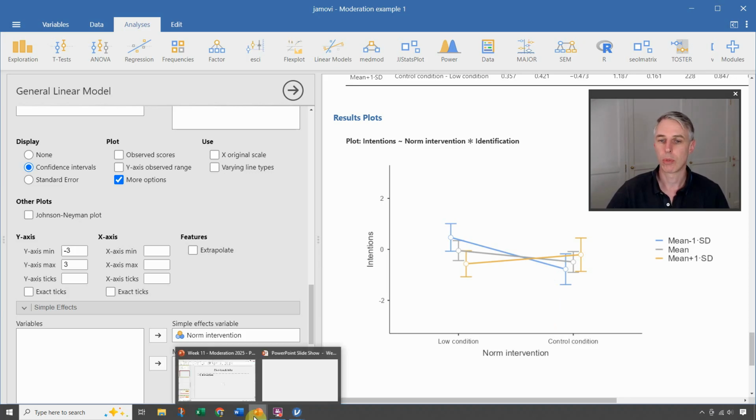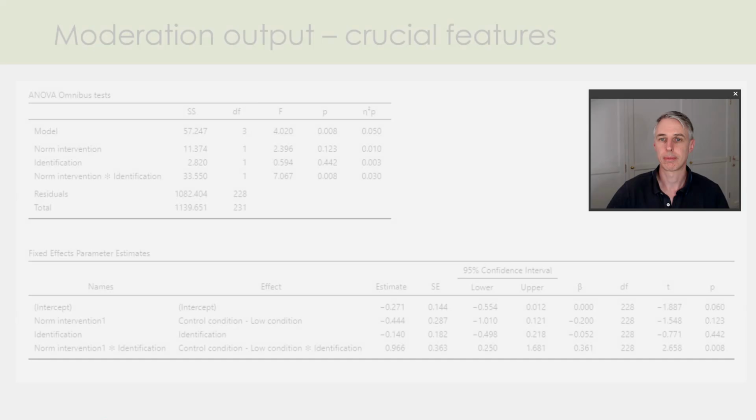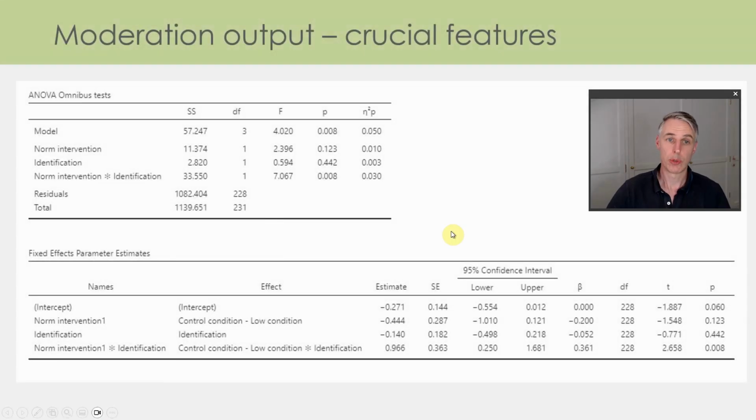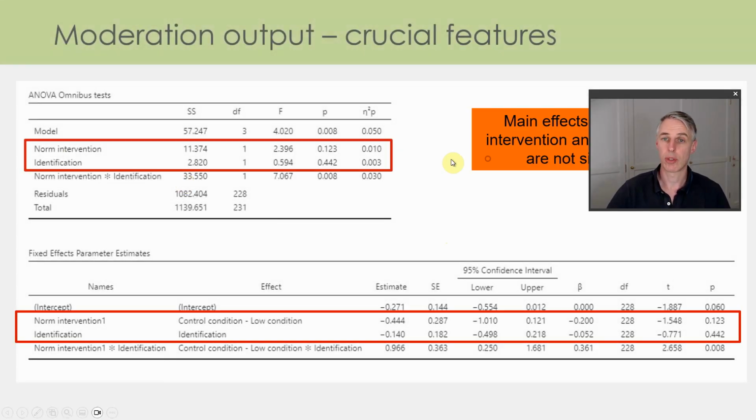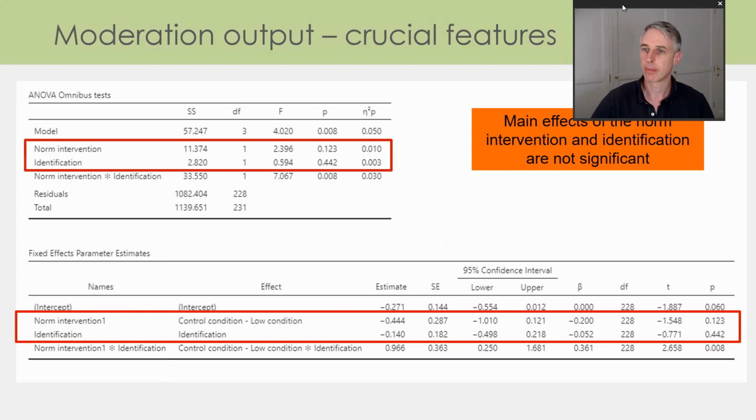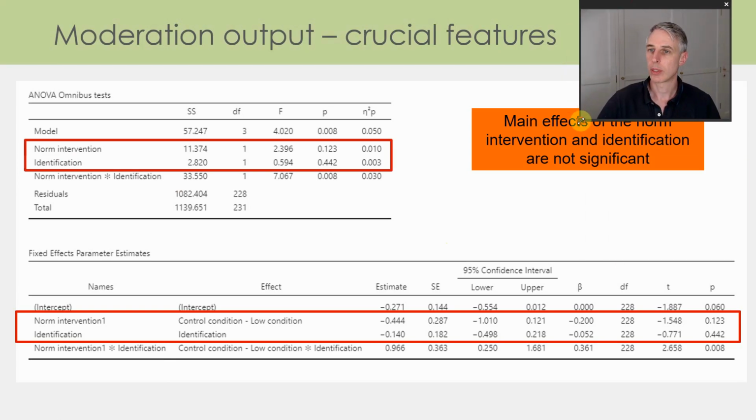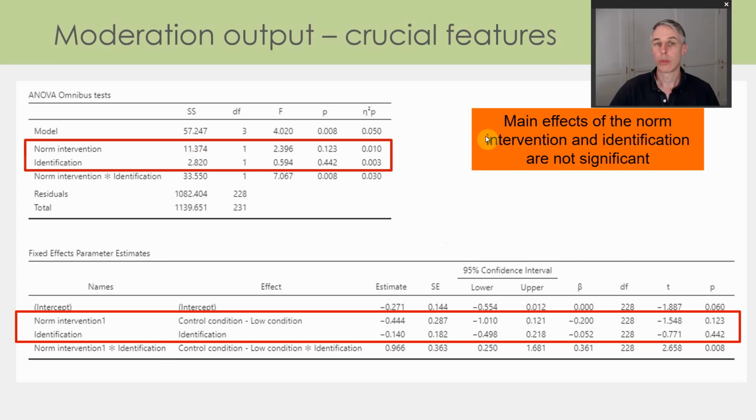Okay, so what do we see? Well, here's the overall output. Again, we've got the sort of the ANOVA version, if you like. We've got the ANOVA version and the regression version in the same output. Again, it's just exactly the same thing, just with different sorts of information in there and presented slightly differently.